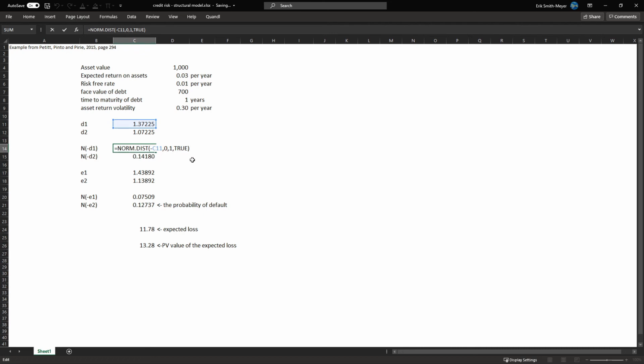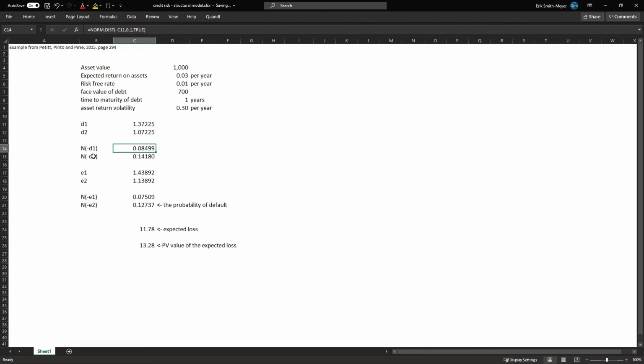This gives us the cumulative distribution function, which is the probability for a standard normal distribution to contain a value less than negative D1, which is less than negative 1.37, and that is 8.5%.